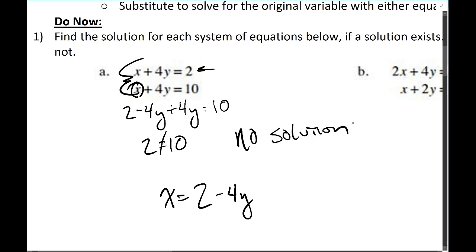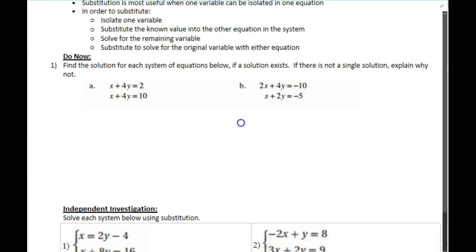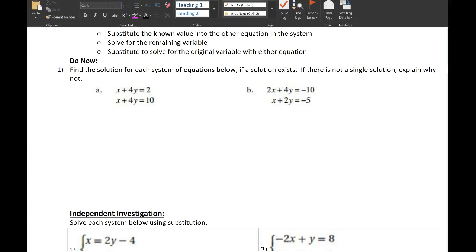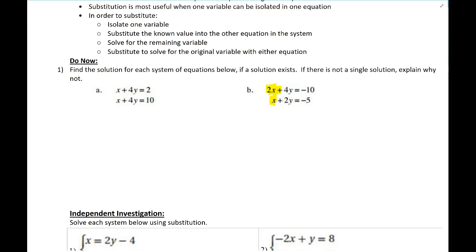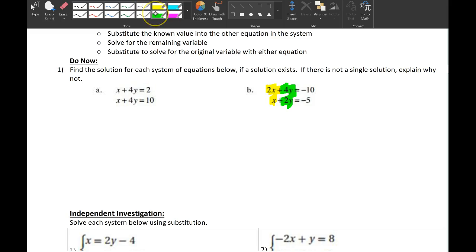Now, that was combining a number of different things that you've seen so far. What we're going to do is take your students through the do now, make sure that they've figured out there's no solution, and in this case, they should realize there are infinite solutions, and if you don't immediately see that, hopefully you see that this is double this, this is double this, and the constant over here is double the constant in the second equation.